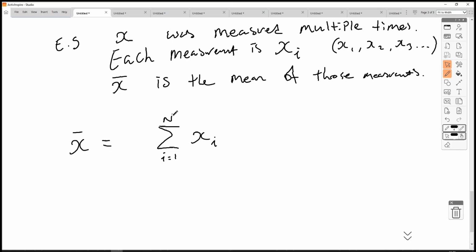And if we've taken n measurements, whether that be 5 or 10 or 20 or 100, to then find the mean, we add them all up and divide by the number of numbers that we have. So we divide by n. So x bar is equal to 1 over n times the sum of those values.